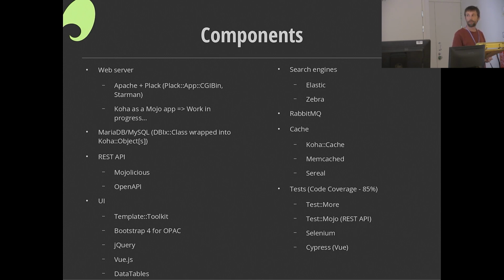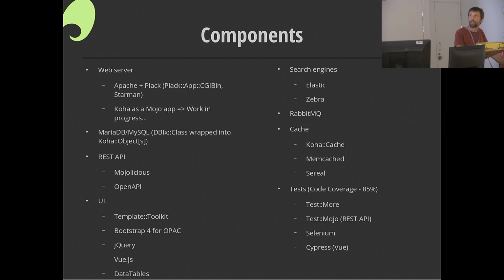For the UI, we are using, of course, Template Toolkit, Bootstrap 4 for the OPAC, and we need to upgrade to 5 one day, maybe. A lot of jQuery code. We have introduced Vue.js last year for a couple of new modules, mainly to keep Koha attractive to new developers. DataTables is a great jQuery library we are trying to use everywhere.